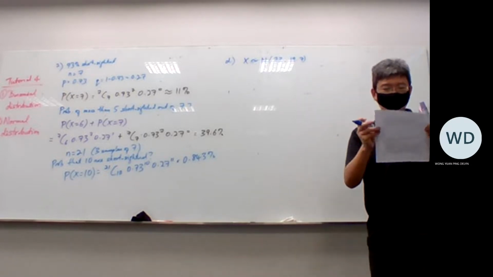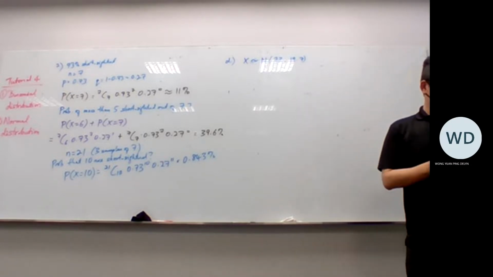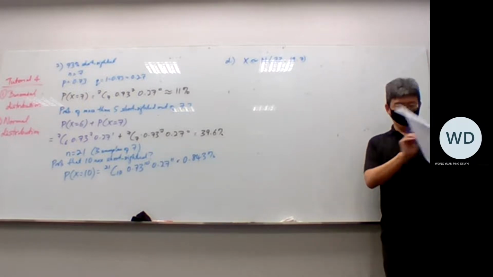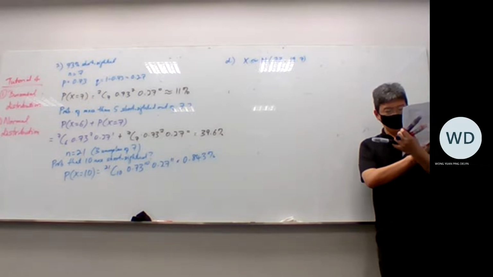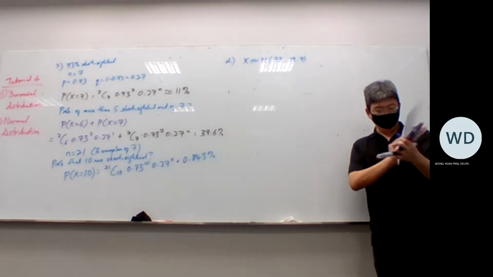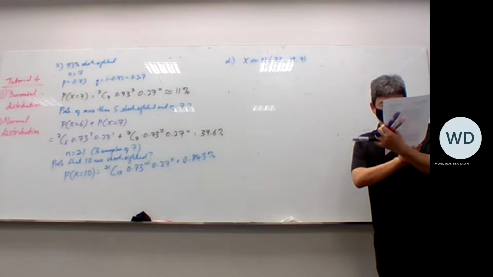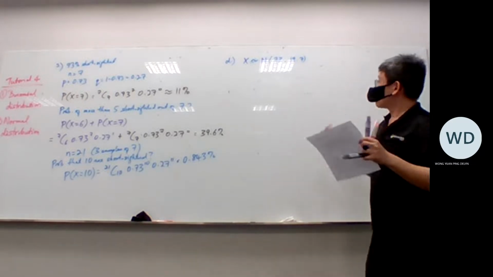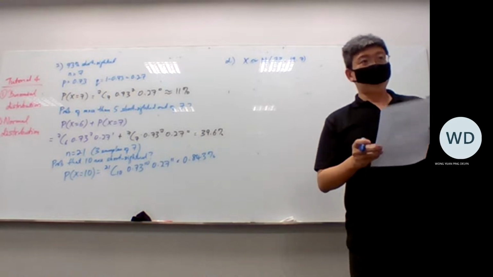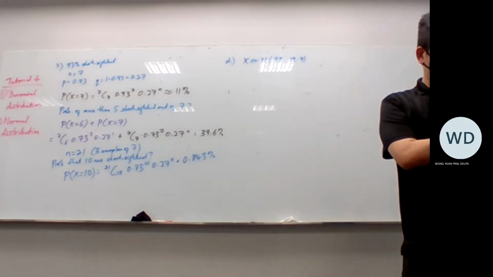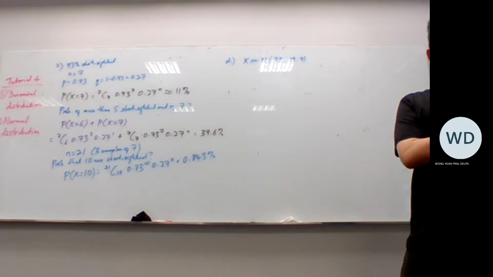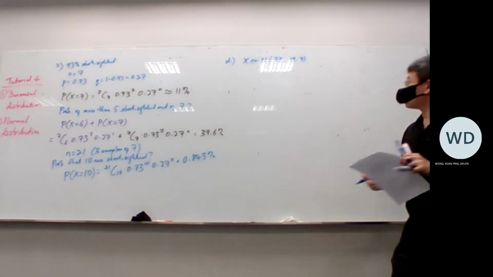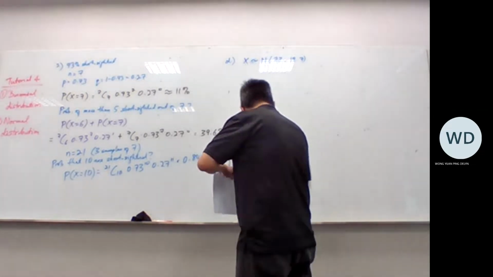So how do you do this in the first place? Find the probability of 99% having one chance of getting a short-sighted, one or more short-sighted. How do you do that? What is the other question?